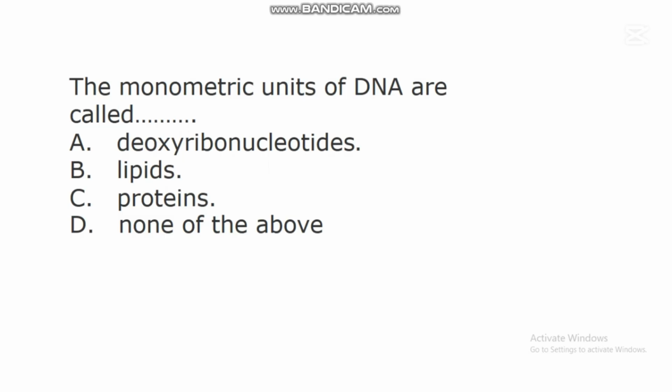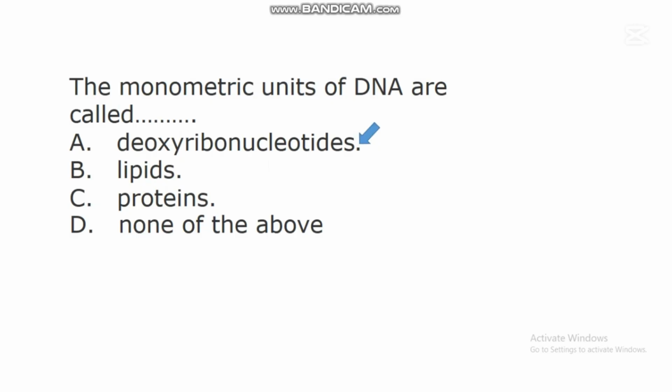In this question, the correct answer is A. Deoxyribonucleotides. The deoxyribonucleotides are called the monomeric units of DNA because they are small molecules which represent the main thing from which DNA is made.